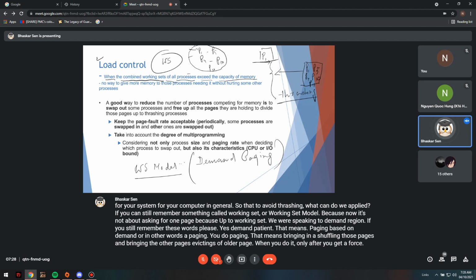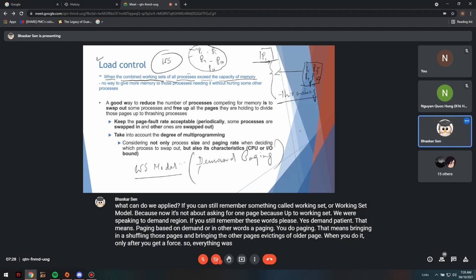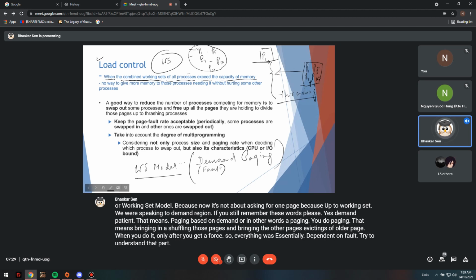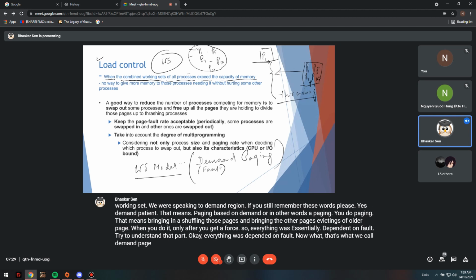So everything was essentially dependent on a fault. Try to understand that part. Everything was dependent on a fault. That's what we call demand paging. But now, from demand paging, we are moving to pre-paging. It's a very important word.